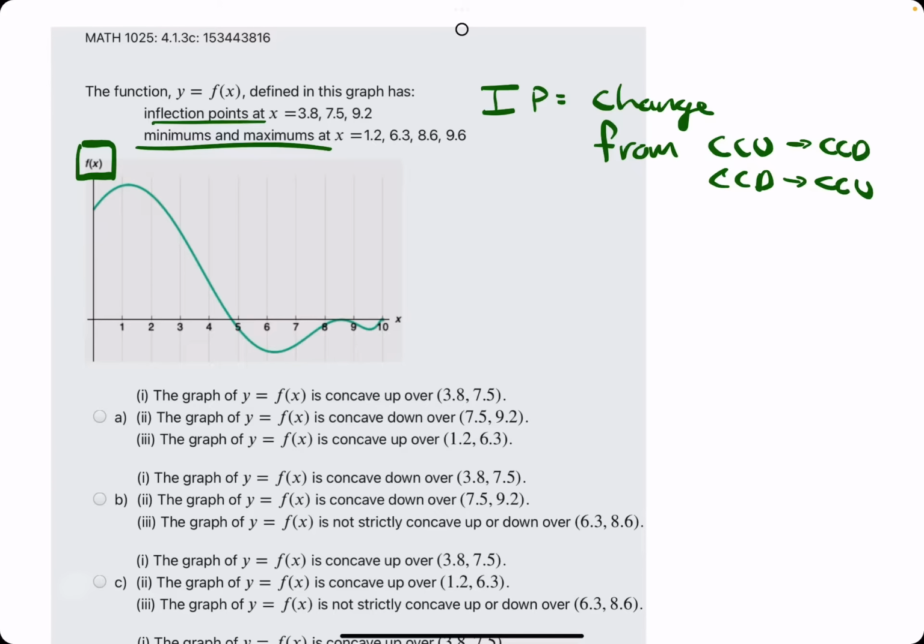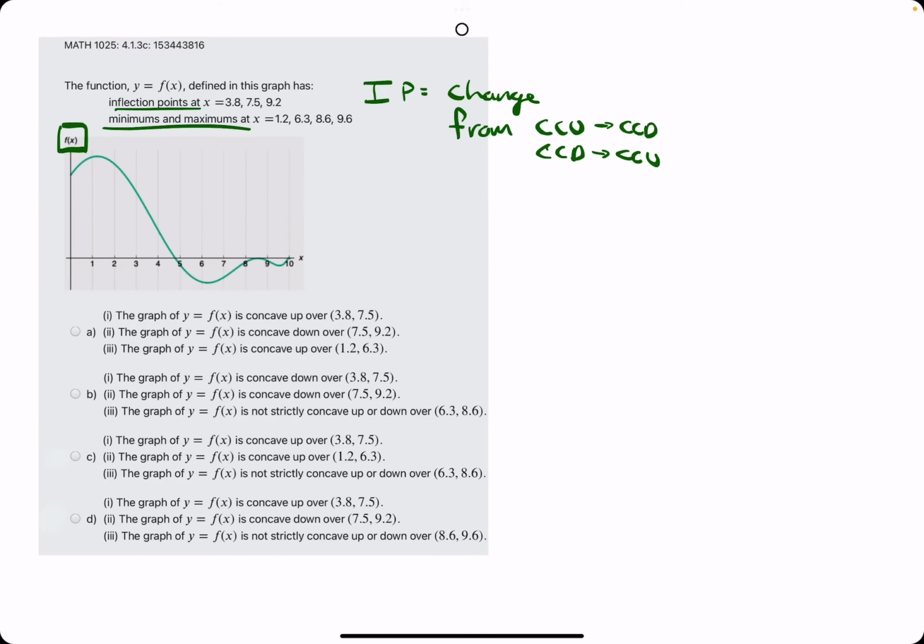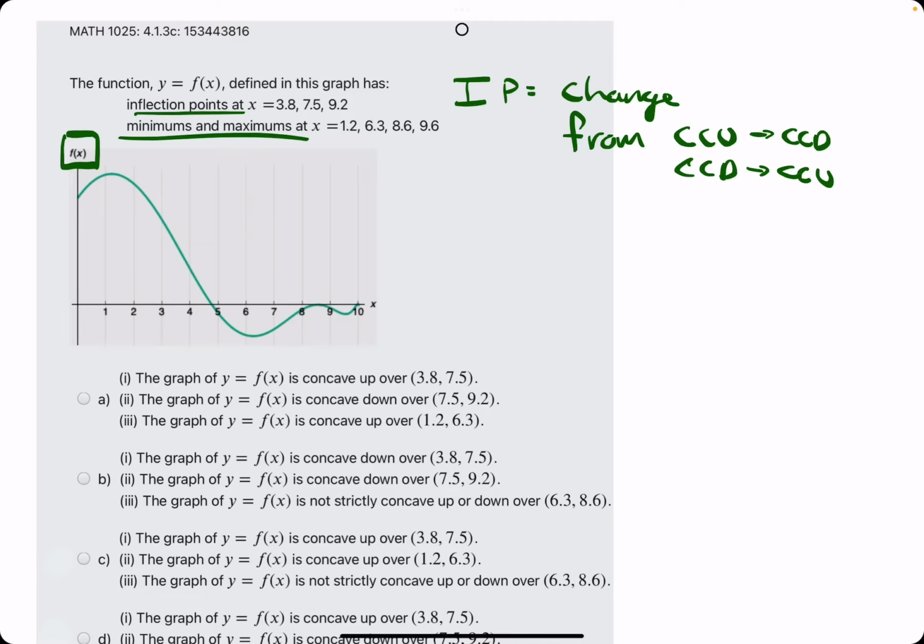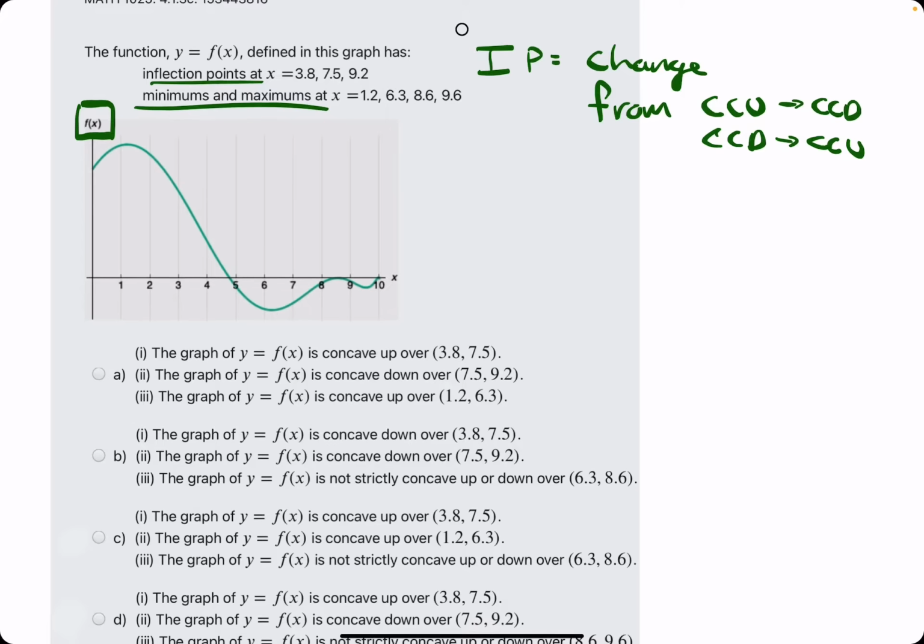And so we saw that when we had the graph of f double prime, we just found inflection points at the x-intercepts. But when we're given the graph of f, you could really find them anywhere, as long as they're the change from either concave down to concave up or from concave up to concave down.